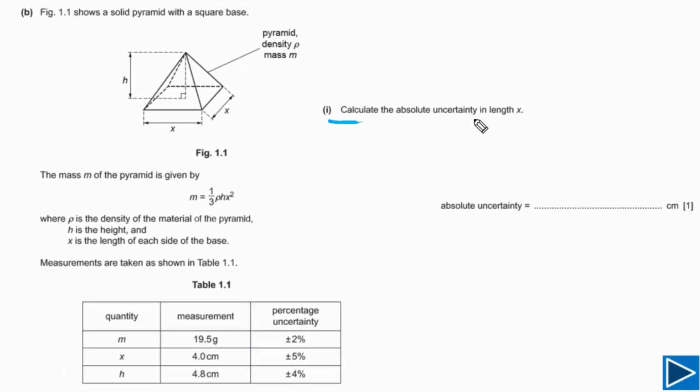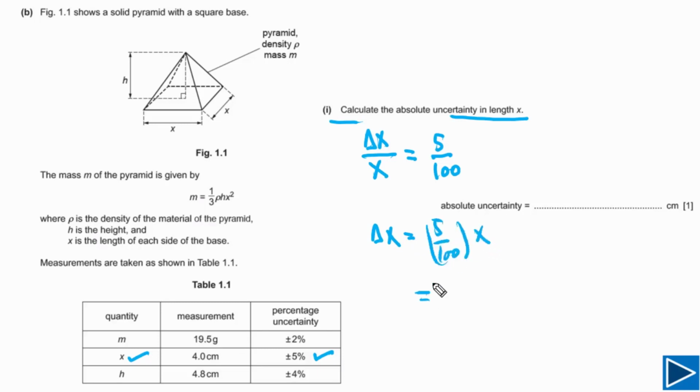For part B1, we need to calculate the absolute uncertainty in X. In the question, the percentage uncertainty in X is given, that is plus minus 5%. In order to calculate absolute uncertainty in X, we can write in fractional form delta X by X. So this percentage uncertainty we can convert into a fraction, simply divide 5 by 100. Now we need to find delta X. So delta X is equal to 5 by 100 times X. The value of X is given, that is equal to 4 centimeters.